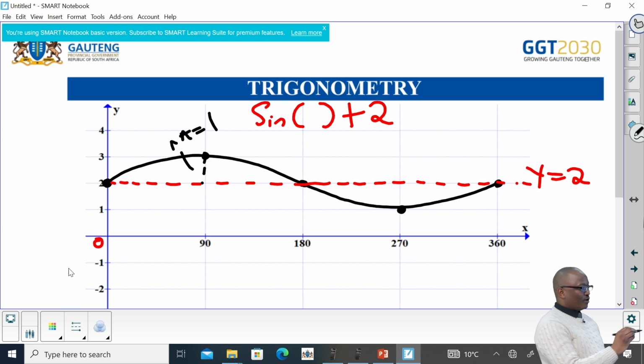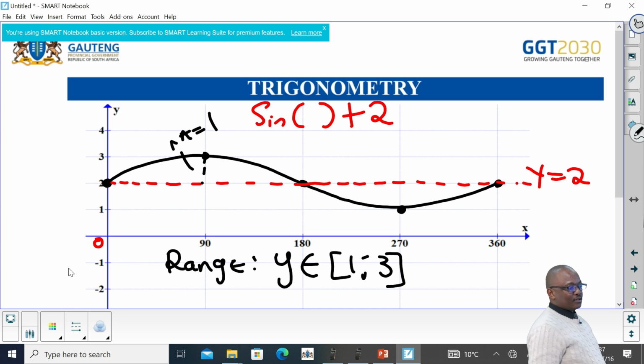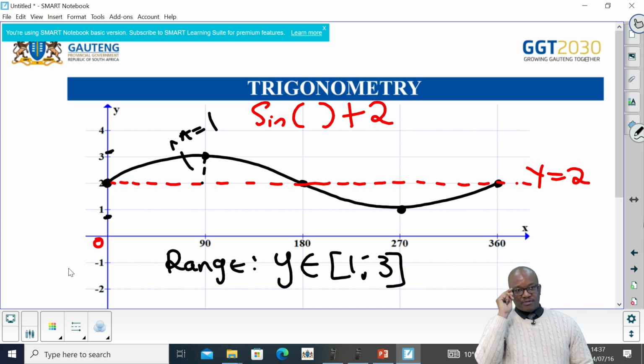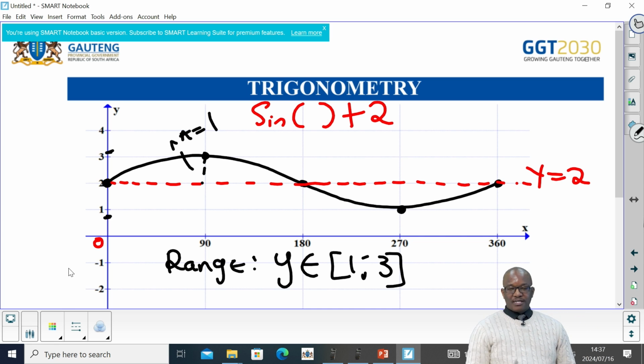Then your range now is going to be y is an element of 1 and 3. So remember, range will always start with the lowest number and we get to the bigger number. So 1 and 3, that will be your range. So those are the types of questions that they are going to be asking you, and how to sketch your function and looking at the amplitude and the range.